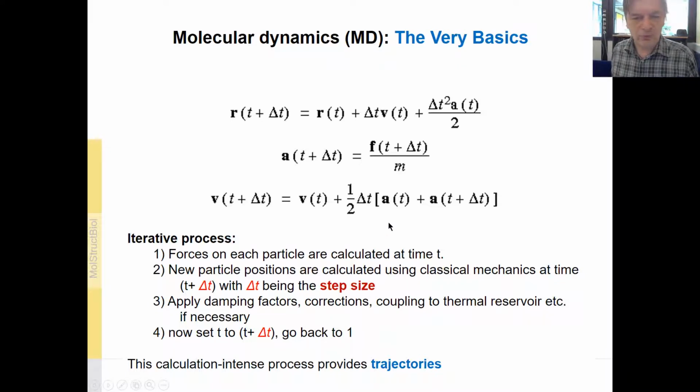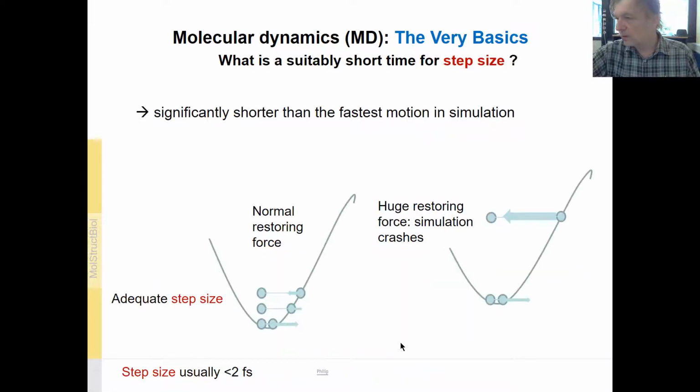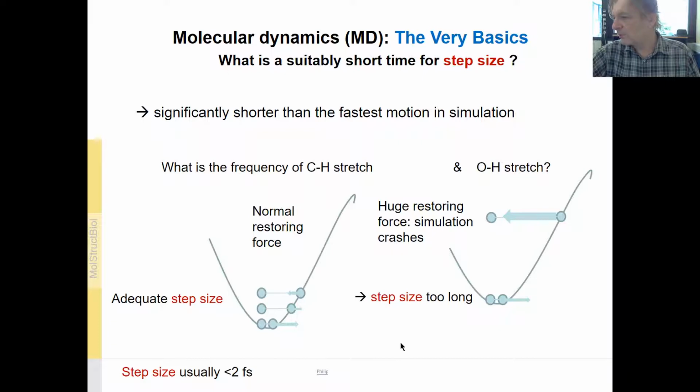You cannot write them all out because your hard disk would crash. Maybe you write out just a few thousand of them, separated by a few picoseconds. Very computer intense.